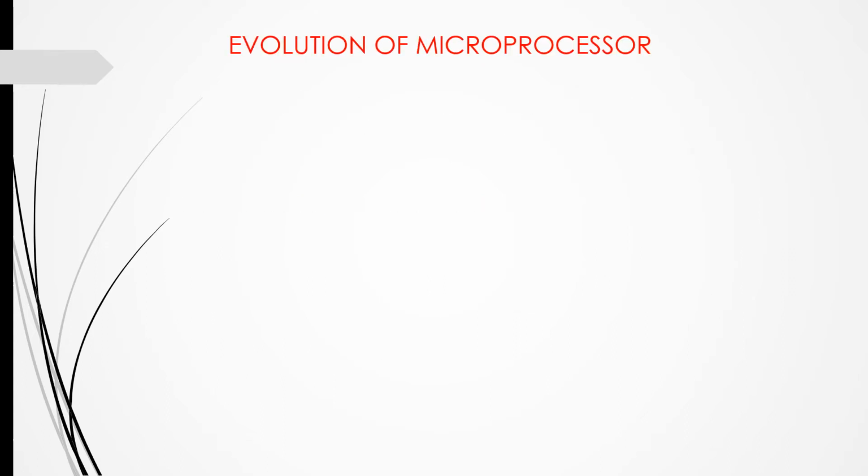Now we will see evolution of microprocessor. There are 5 generations of microprocessor. In less than 15 years, we have seen 5 generations of microprocessors. First generation includes 4-bit microprocessor. The first microprocessor introduced in the market was Intel 4004. This is 4-bit microprocessor which was introduced in 1971.